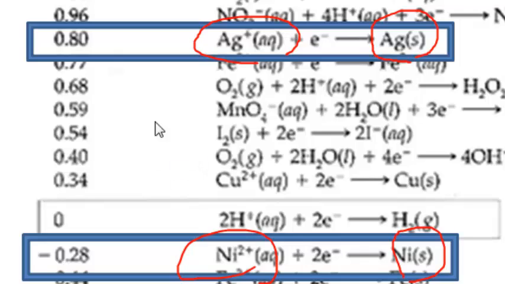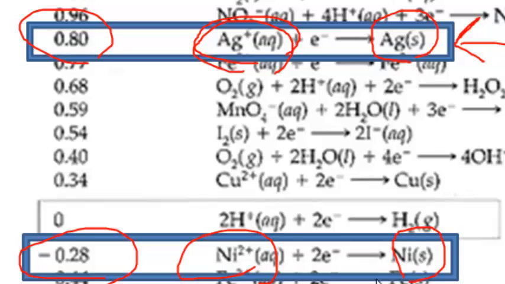So if I look at these two values, I have a positive 0.8 and a negative 0.28. So that means the silver is going to be reduced. That means a silver solution will react with solid nickel, because the first reaction will be written exactly as is, but the second reaction will be reversed, and that will be our oxidation.